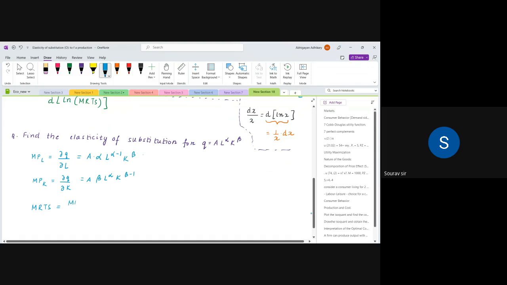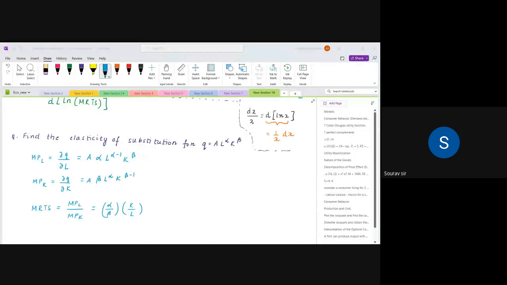MRTS is MPL by MPK, so that becomes alpha by beta into K by L. Any doubts on the calculation?